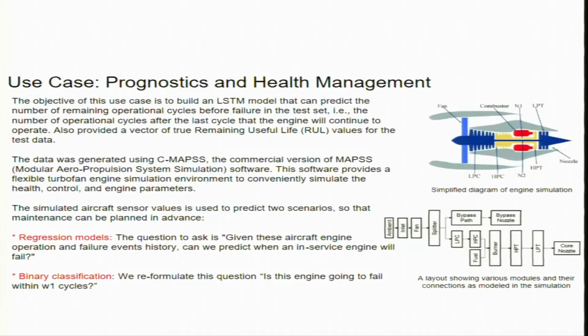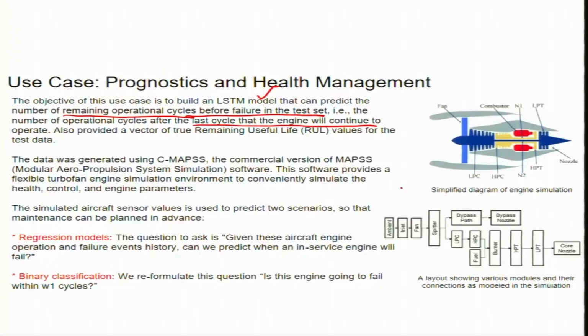So, let us go ahead with a use case for predictive maintenance, that is prognostics and health management. The objective of this use case is to build an LSTM model that can predict the number of remaining operational cycles before the failure from the test data set, that is the number of operational cycles after the last cycle that the engine will continue to operate.